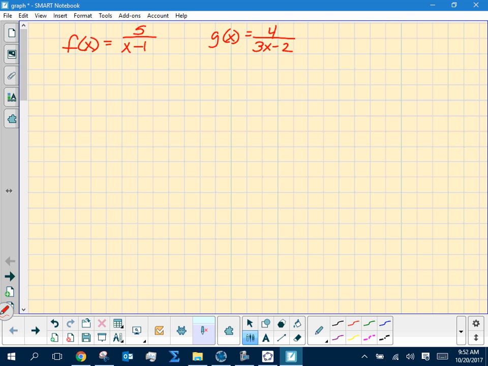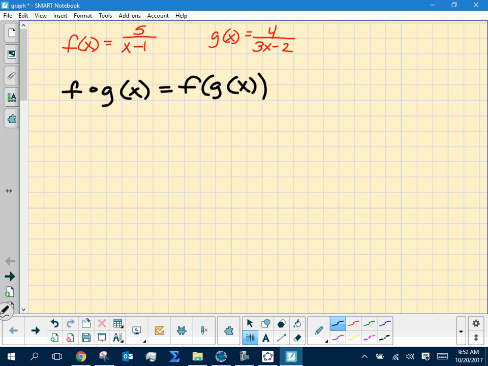We call those rational functions. But if I just want to find f, you might see it written in your homework as f composed of g of x, but hopefully we remember that that is the same thing as f of g of x, right?